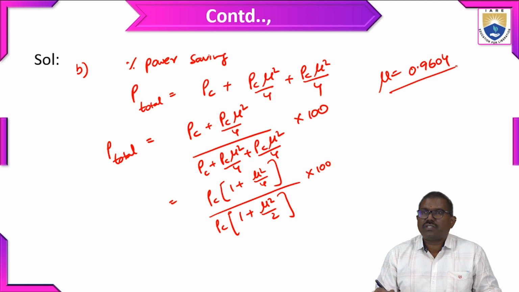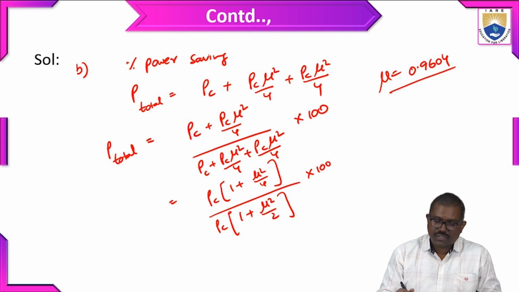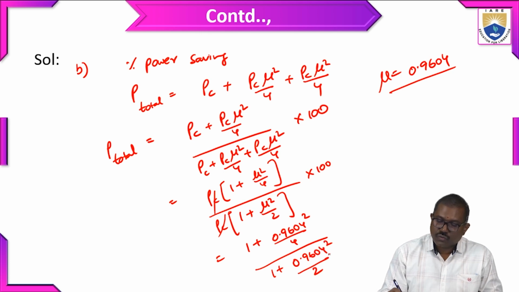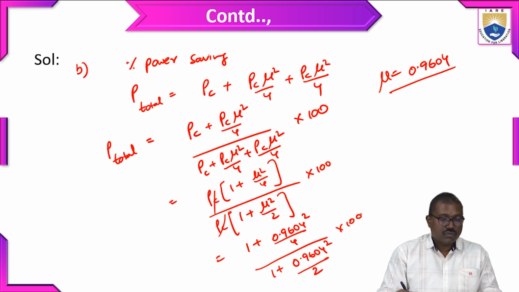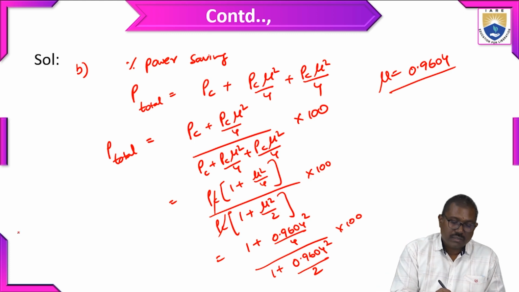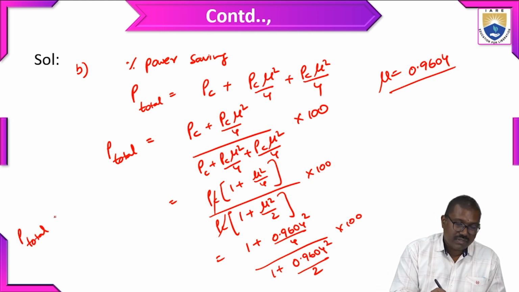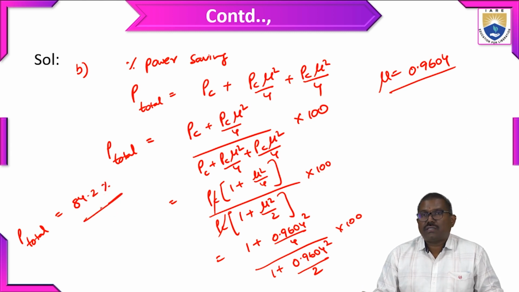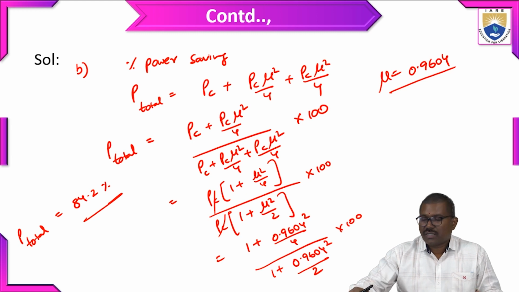I am going to substitute this 0.9604 in this expression, so the PC is going to cancel: 1 plus 0.9604 square divided by 4, divided by 1 plus 0.9604 square by 2, into 100. Finally, by solving all these numerical values, you get the total power saving as 84.2%. So this is the solution for the 9th one.